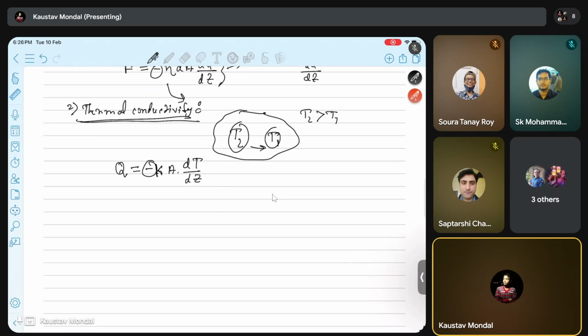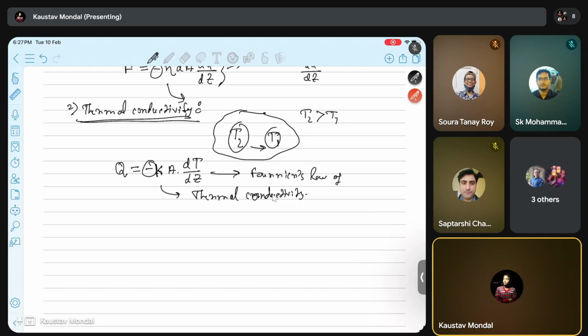And this k is known as thermal conductivity. This is known as Fourier's law of heat transfer.